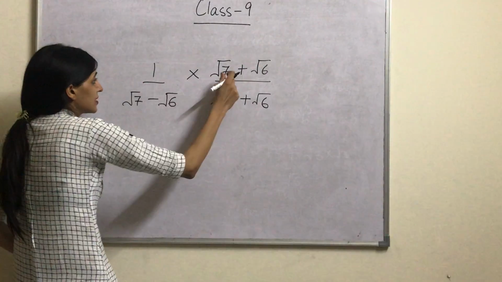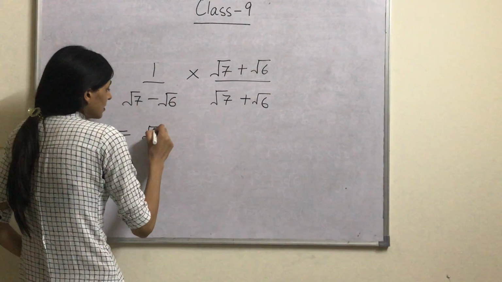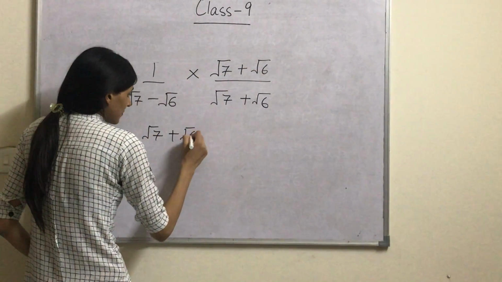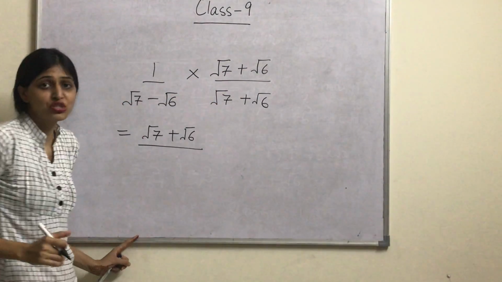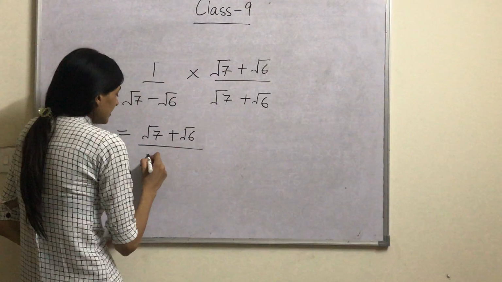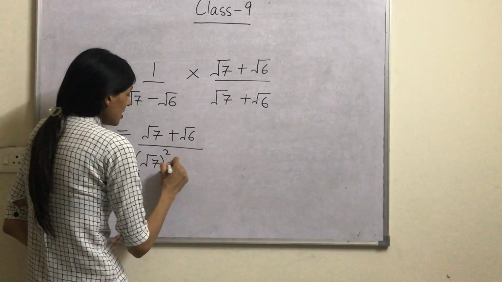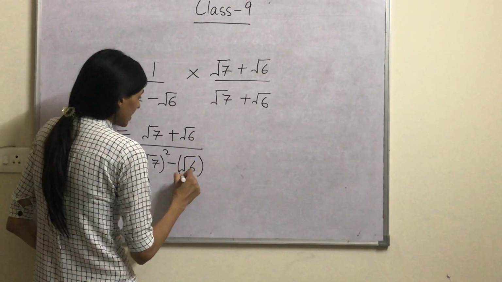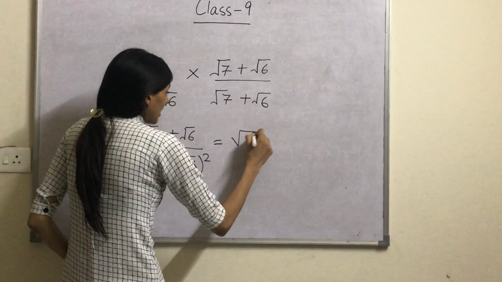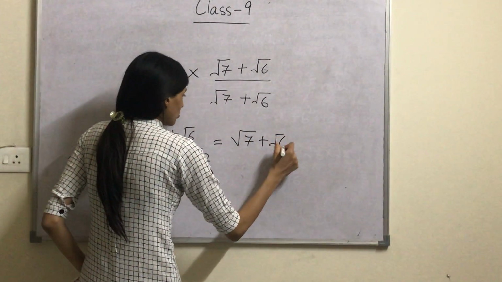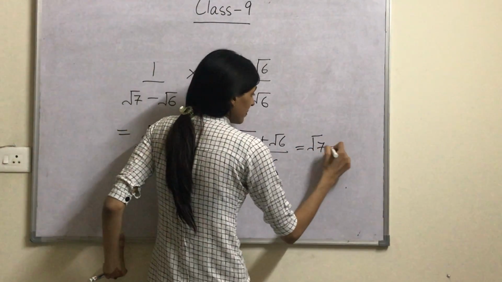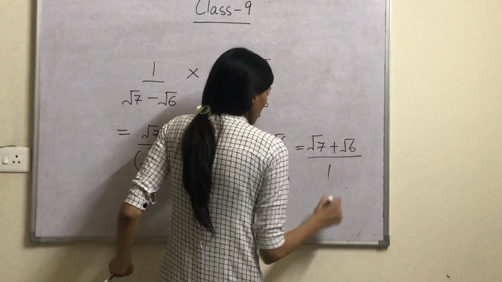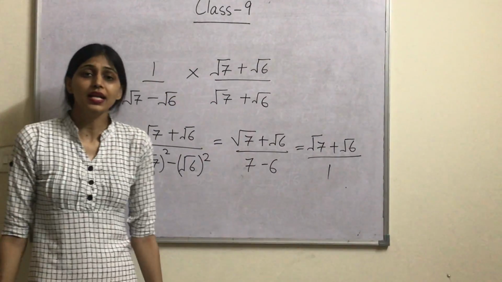So, root 7 plus root 6 into 1 gives root 7 plus root 6. The denominator becomes A minus B, A plus B, A square minus B square. That is root 7 square minus root 6 square. It comes out to be root 7 plus root 6 upon 7 minus 6, that is root 7 plus root 6 upon 1. So this is your final answer.